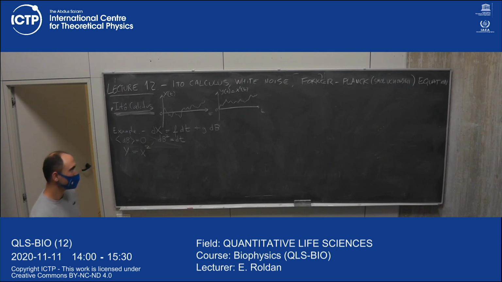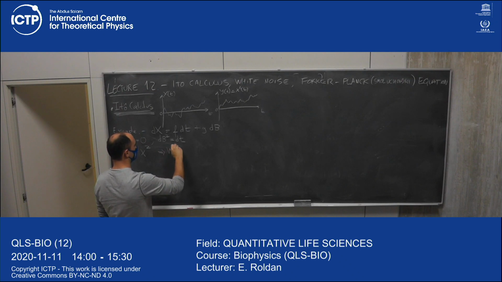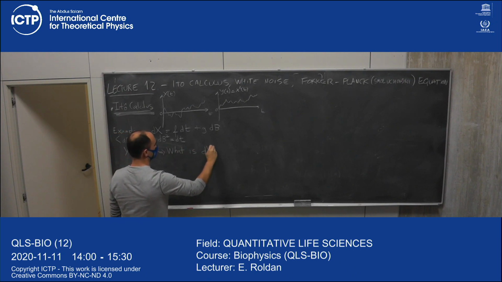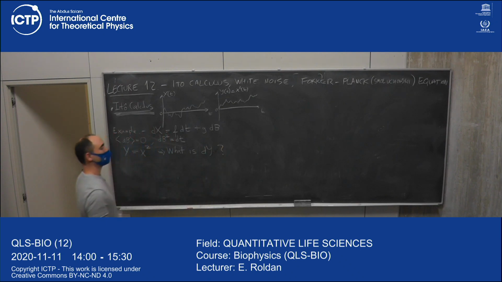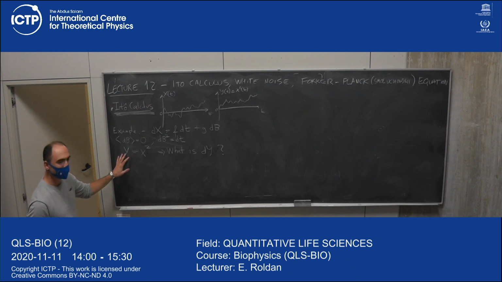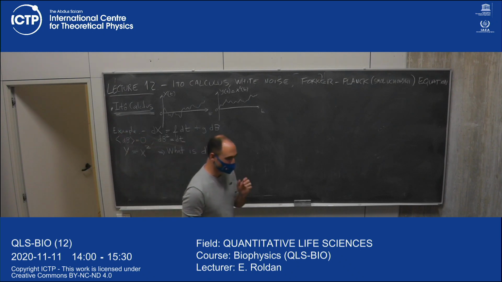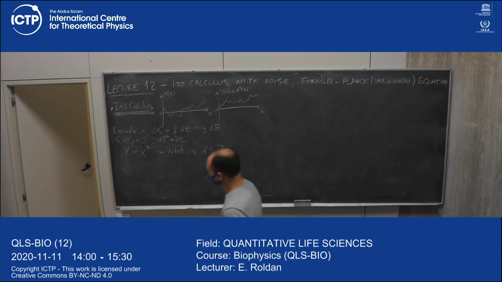And now the question I want to ask is, what is dy? Okay? It looks simple, but dy will be 2x dx. No, this is what we learn in calculus. But you have to be very careful when you do this.